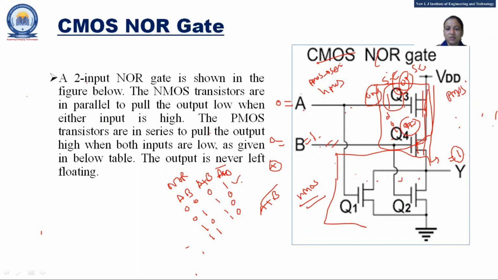Now A is equal to 0, Q1, so this is off, open circuit, and this Q2 is on, that means short circuit, right. Here short circuit, but the output will not be connected here since it is off.